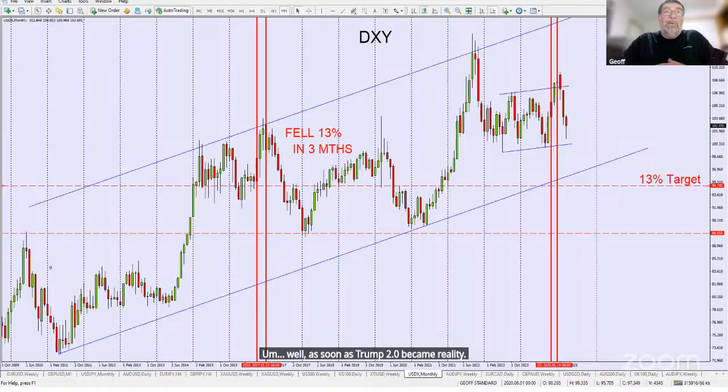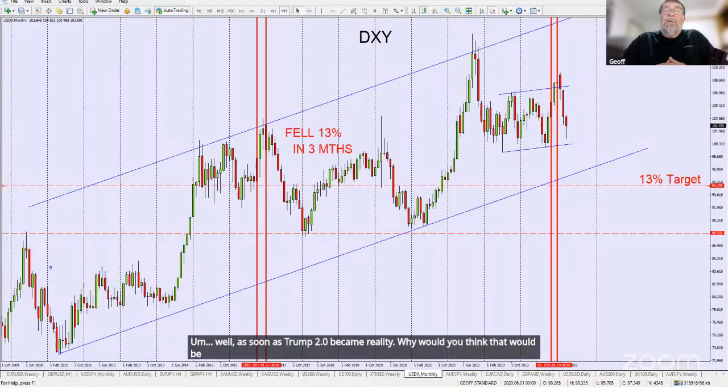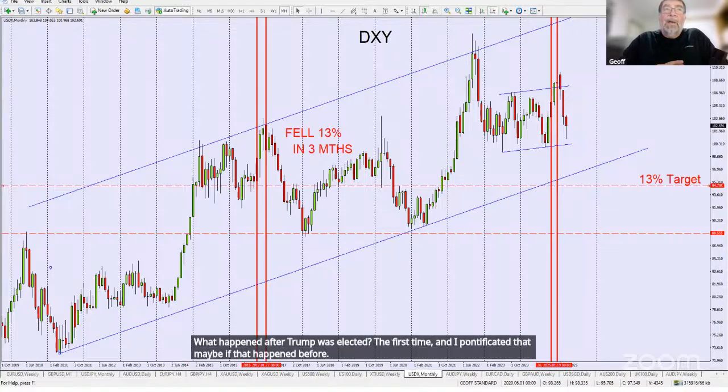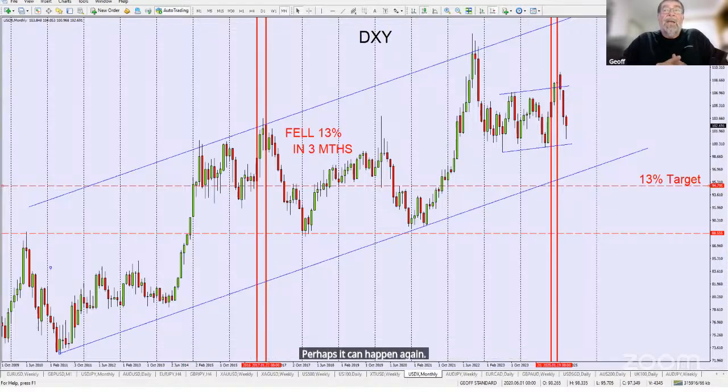Why would you think that would be? Well, because I was looking for something that showed me what happened after Trump was elected the first time. And I pontificated that maybe if that happened before, perhaps it can happen again. That was the thesis, or the basis, for me searching this particular chart.